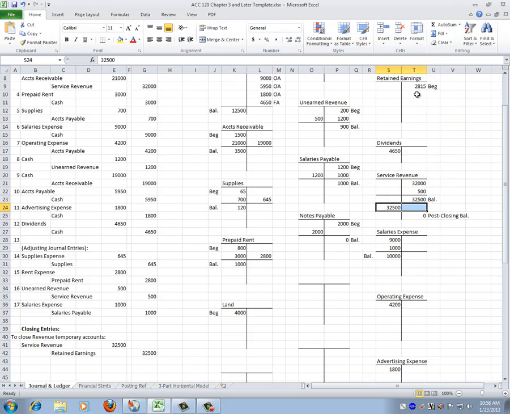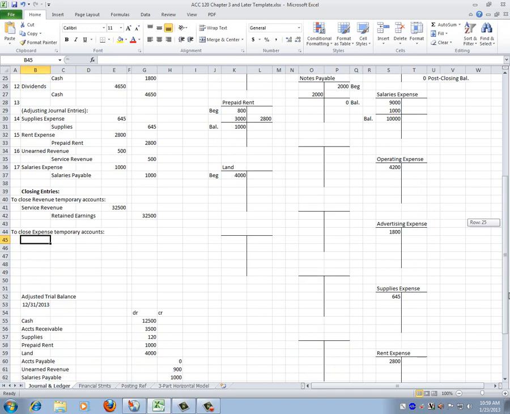And moving it to retained earnings, we need to close expense temporary accounts. So this will be the rare case where we're making right side entries to those expense temporary accounts in order to zero them out. Normally we're recording expenses with left side called debit entries, but to close them we will have to do the opposite.